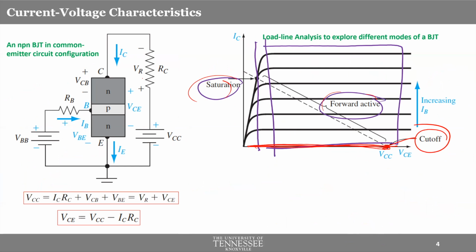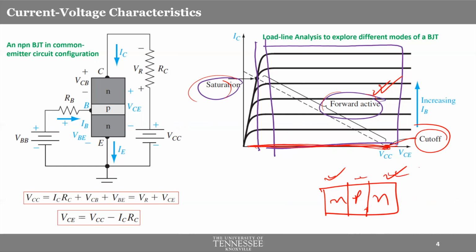And reverse active mode is actually the exact opposite of the forward active mode. And had BJTs been symmetric devices, say this N and this N were the same, then forward active mode and reverse active mode could have been the same thing. But you should have already seen that BJTs are not really made as sandwiches like this.